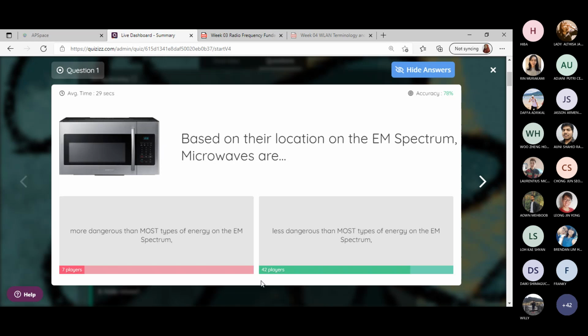And the least energy on the EM spectrum, yeah, because if you compare with X-ray, X-ray is more dangerous, right? And even if you look at the spectrum, microwave is just within the range of where we use our Wi-Fi. All right. Next one.